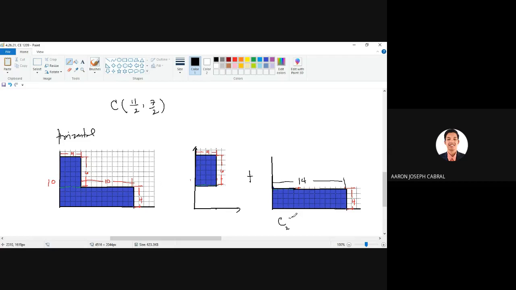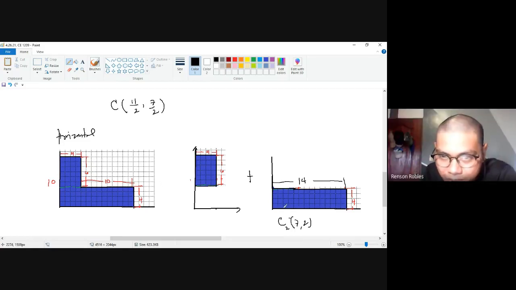That's it. So we have 1, 2, 3, 4, 5, 6, 7. C2 is 7, 2. Then ito. So locate natin siya. Kalahati nitong 4, it's 2. Kalahati nitong 6, it's 3. Okay. C1.